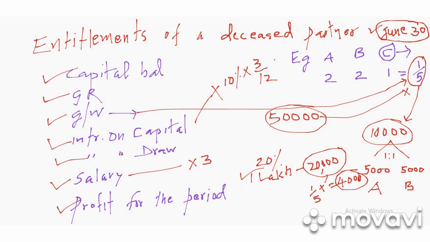It may be an interest on capital calculation, or salary, or to calculate profit for the period, or just to calculate the total entitlement payable to the deceased partner without, of course, preparing the capital account. So this is the end of today's topic. In the next class, we will pick up another topic and study.